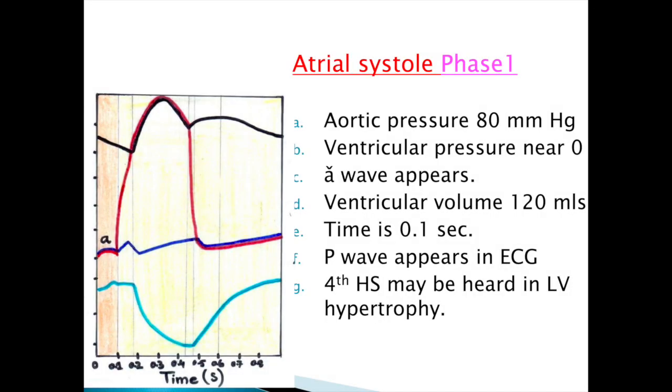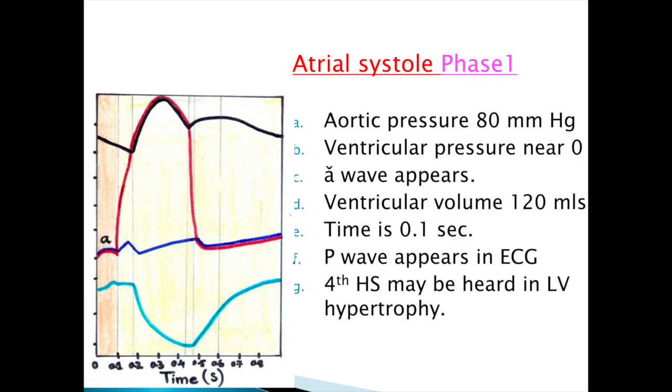If you see this diagram which shows the curves, I will discuss these curves, waves in each phase of the cycle to make you understand where what is happening. The first upper curve is the aortic curve.